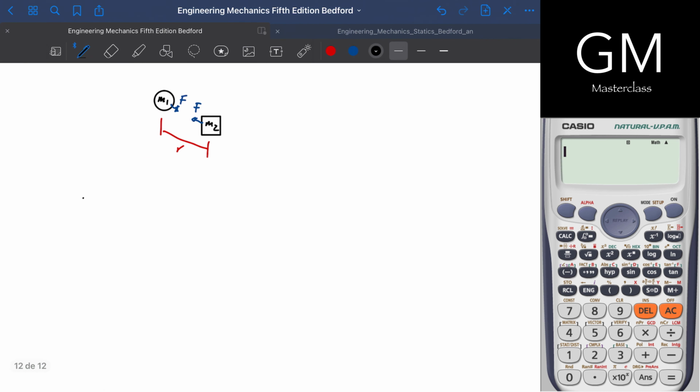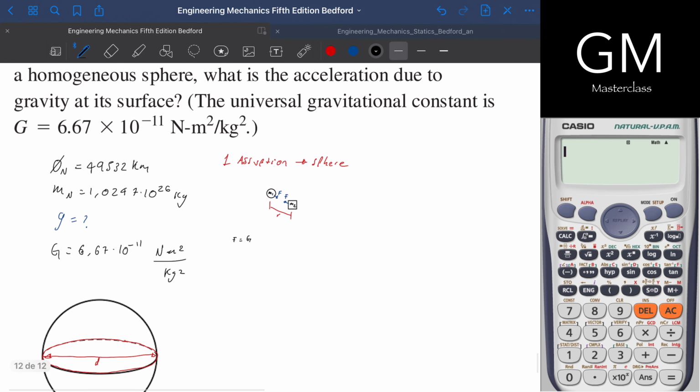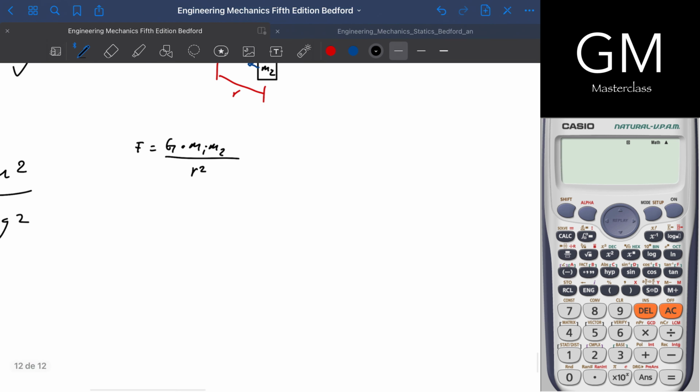Now, Isaac Newton said that that force is equal to the gravitational constant multiplied by m1 by m2 divided by the distance between them to the second power.